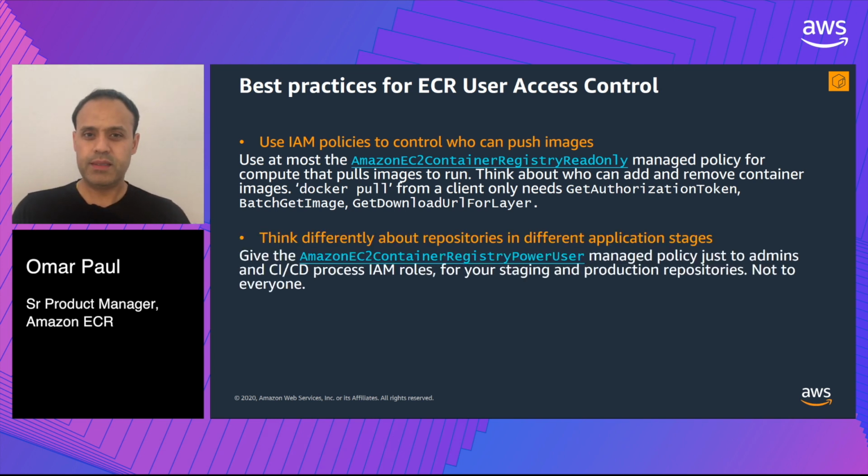Second best practice, what is your repository strategy? Think about repositories differently based on your application stage, right? This is typically driven by a deployment of your application pipeline. So, for instance, most of us have developer builds pushing images. Some subset of those make their way into staging, and an even smaller subset make their way into production.